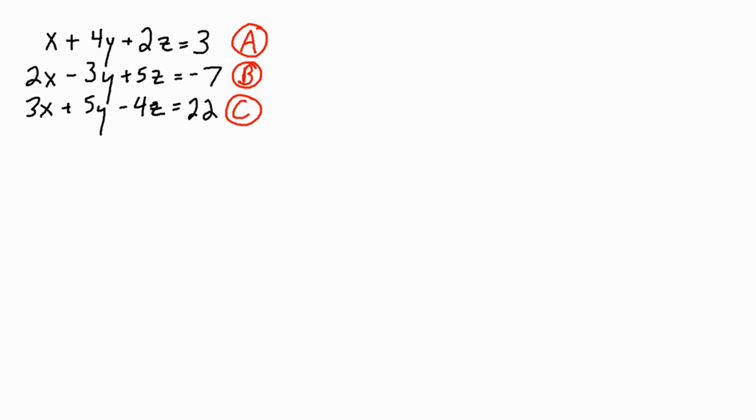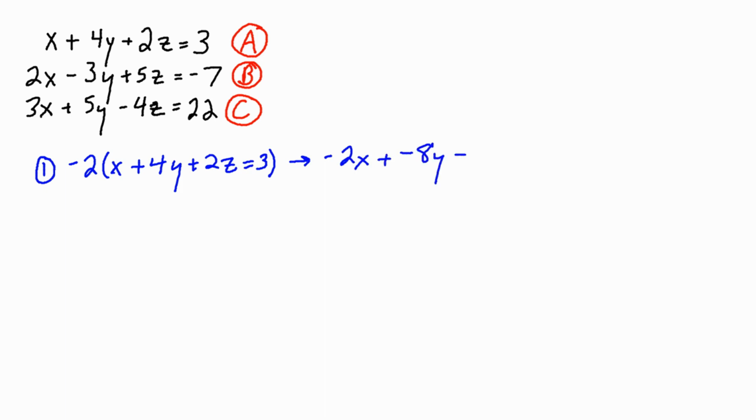X will be the easiest to eliminate because equation A has a 1x, equation B has a 2x, and equation C has a 3x. So for my first step, I want to take equation A and multiply it by -2 so that when I add it to equation B, my x's will be eliminated. So I have -2x plus -8y plus -4z equals -6.